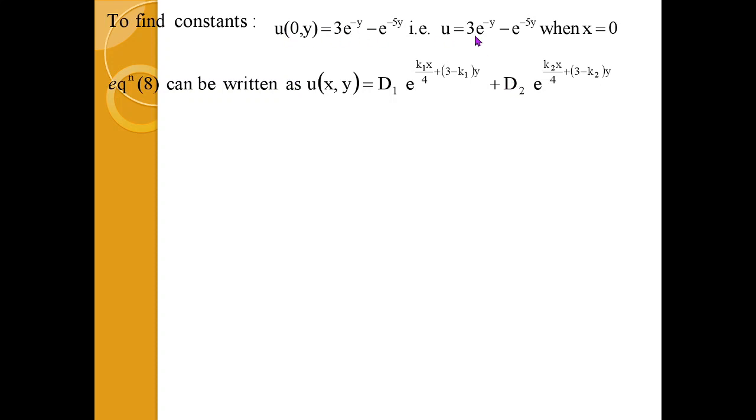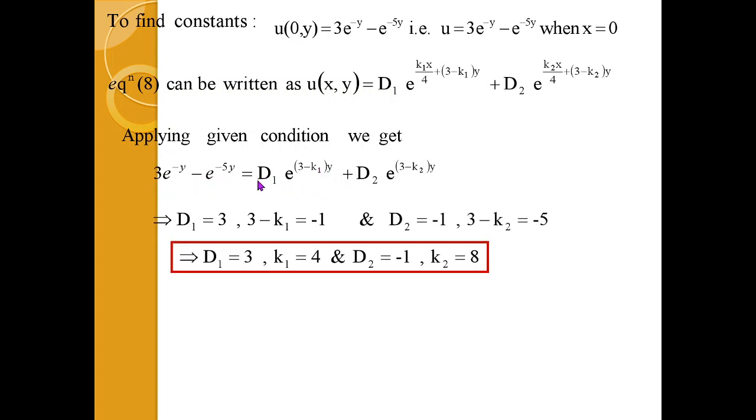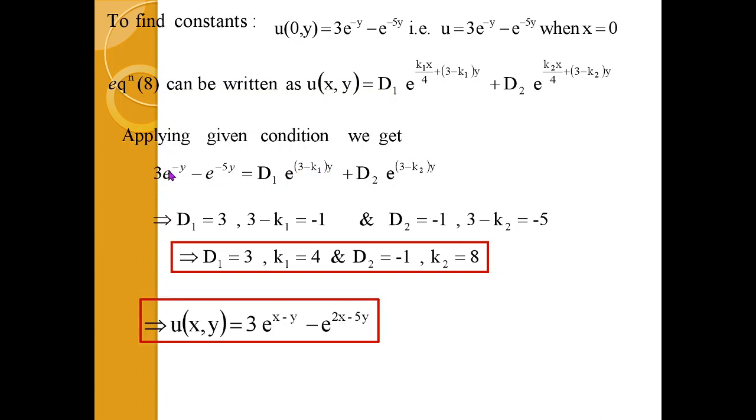Now we will apply the condition. The condition says that when x is 0, then u is 3 e raised to power minus y minus e raised to power minus 5y. So apply this, we get such type of expressions. Equate corresponding terms. So we have first term equated with the first term. So we get d1 e raised to power 3 minus k1 y equal to 3 e raised to power minus y, where d1 will come out to be 3 and 3 minus k1 will be minus 1.